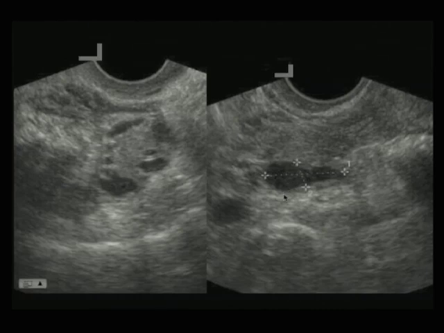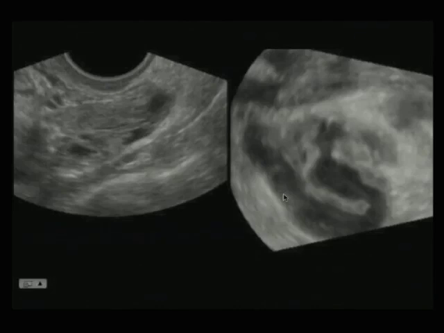Didn't know what it was, so I went ahead and did a 3D of that area to display the scan plane that you cannot scan in. And this is what we saw. It was a tube. So here is the tube that is dilated and filled with fluid.